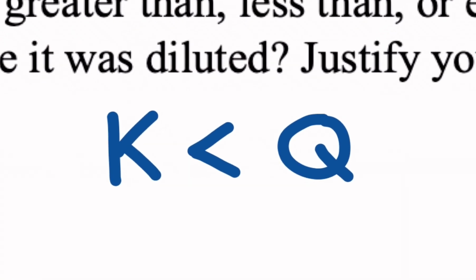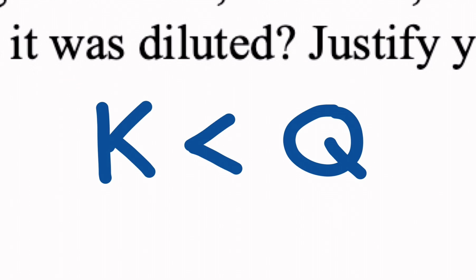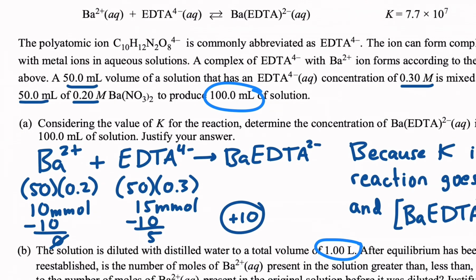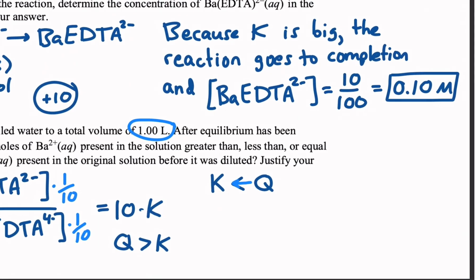And when you write it that way, it makes an arrowhead. So it reminds you which way the reaction responds, as long as you write K first. So this reaction is going to respond by going to the left, because Q is larger. We could go into more depth about why that is, but that's just a quick trick. So if this goes to the left, we are increasing our moles of barium ion.